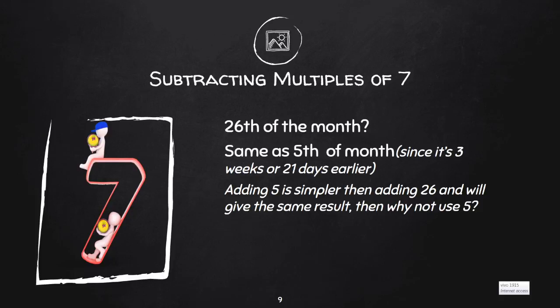The closest multiple of 7 near 26, which is less than 26, is 21. 26 minus 21 gives us 5.